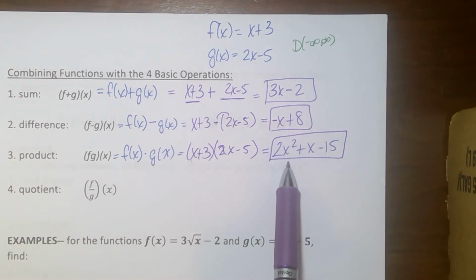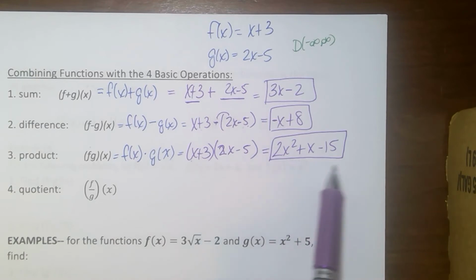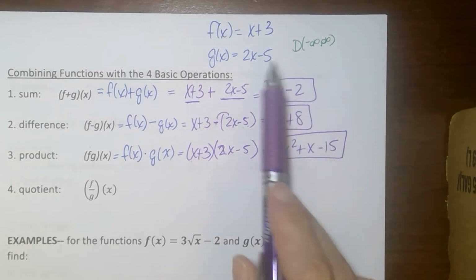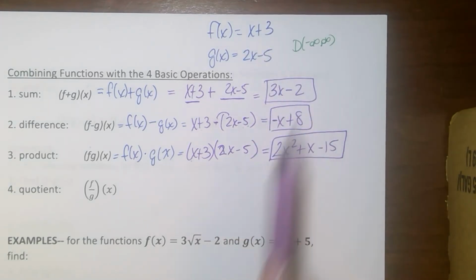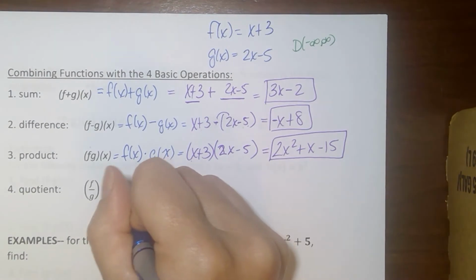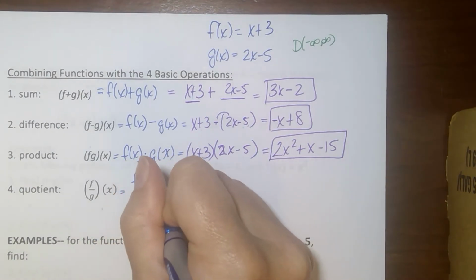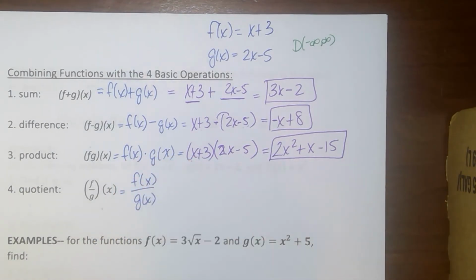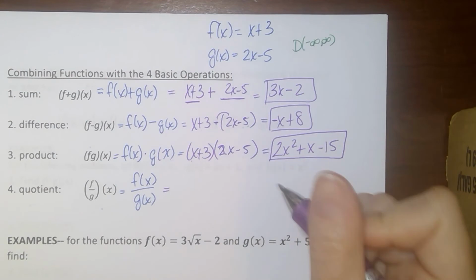This is quadratic. My domain for a quadratic function is the same as the domain for my original functions, still all real numbers. What about finding the quotient? Well, quotient is the answer to a division problem. So I have f of x divided by g of x, and here we have something that's presented a little bit differently. Suddenly, I have a denominator.